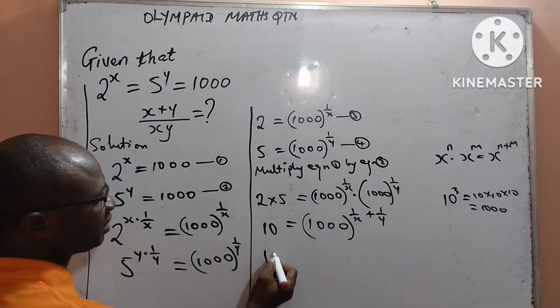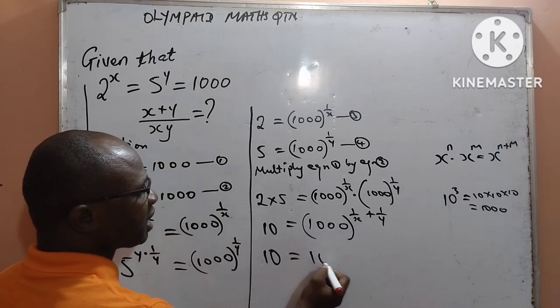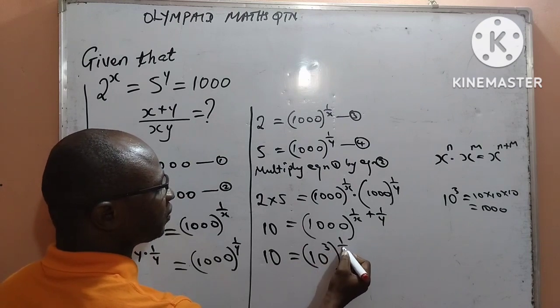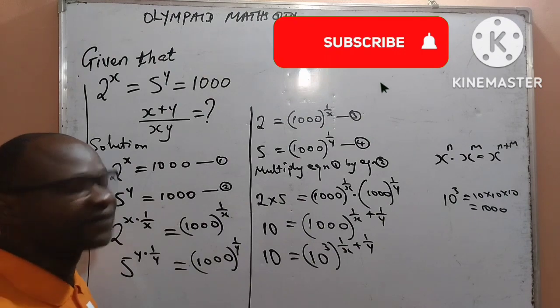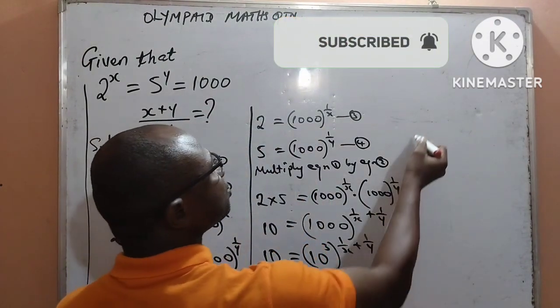And that will now give me 10 is equal to 10 to the power 3 all to the power of 1 all over x plus 1 all over y. This is moving fine. We move forward to have it written this way.